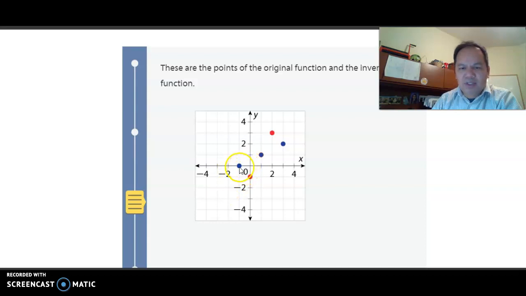So this point is -1, 0. You flip it, -1, 0 becomes 0, -1, right? And this one doesn't change because 1, 1, if you flip them, is still 1, 1. This point is at 3, 2. So the inverse would be flip them, 3, 2 is 2, 3. So this, the red, is the inverse of that.